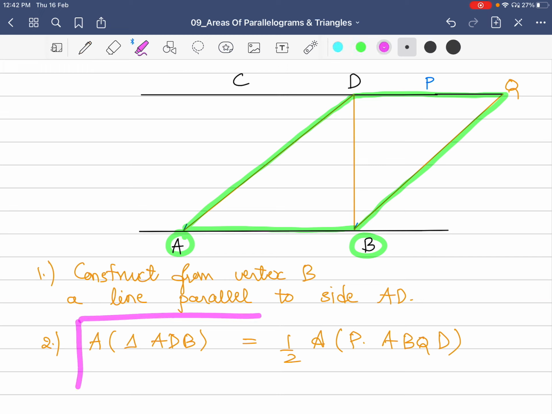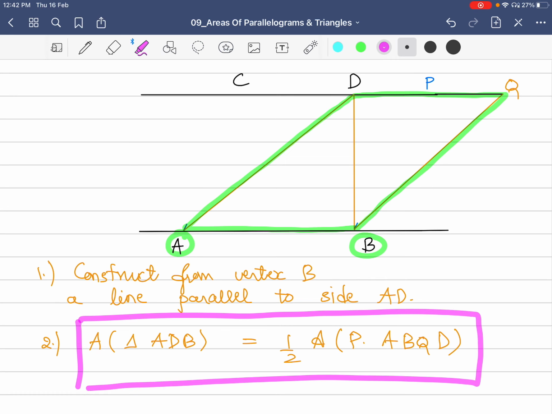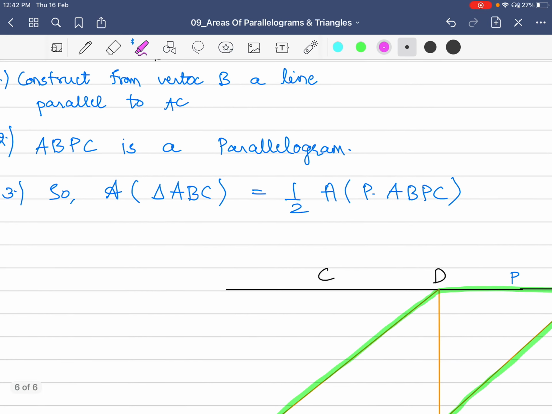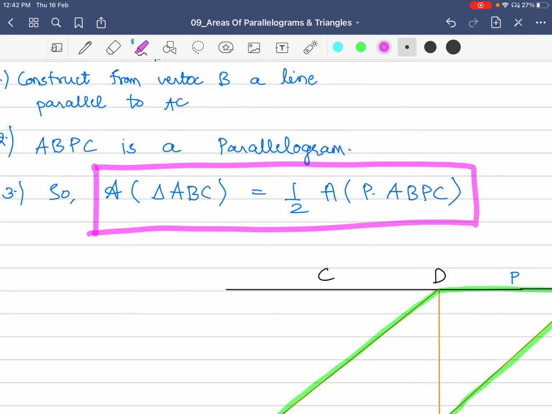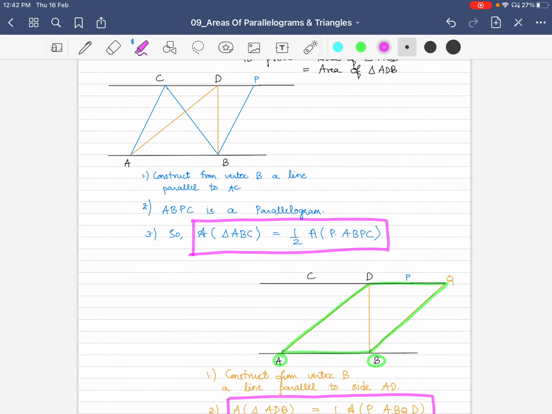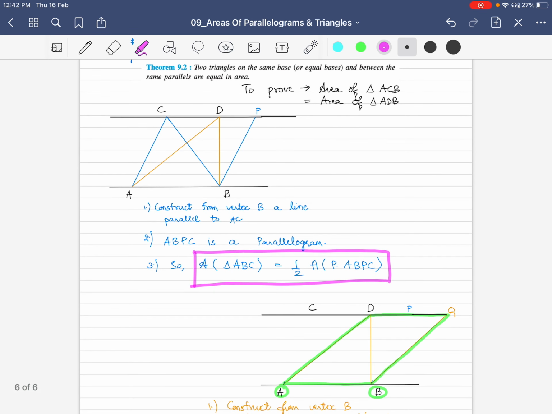So now let's highlight this important thing. We have the area of this triangle equal to half of one parallelogram, and we have the area of this triangle also half of another parallelogram. However, what is the common thing among these two parallelograms? This parallelogram is between the same parallel lines and same base AB, and this parallelogram is also between the same two parallel lines and the same common base AB.